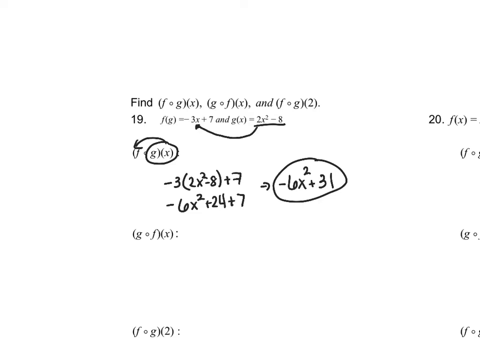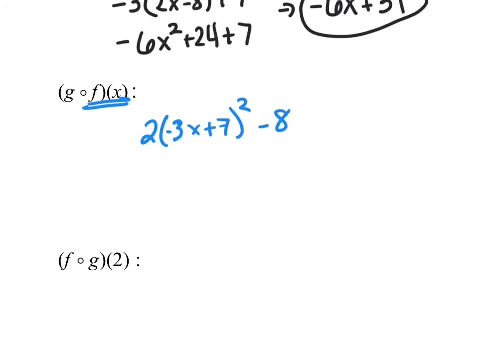All right, so for this guy, the f is kissing x, and that's going to go into g. So this time, this is going to go in just here. So 2, there's the x, so it's negative 3x plus 7 squared minus 8. I'm going to have to FOIL this, so it's 2 times negative 3x plus 7 times negative 3x plus 7 minus 8.